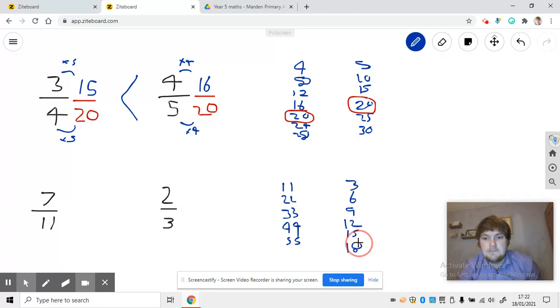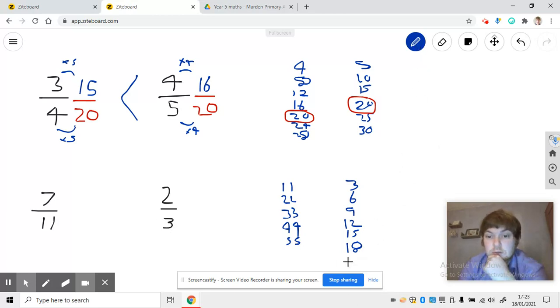Now if I stop there, we can see so far we haven't got a common multiple. Now if I kept going along this list, I would get there. But this is where the trick of doing 11 multiplied by 3 would come into it. Because we know 11 multiplied by 3 is 33.